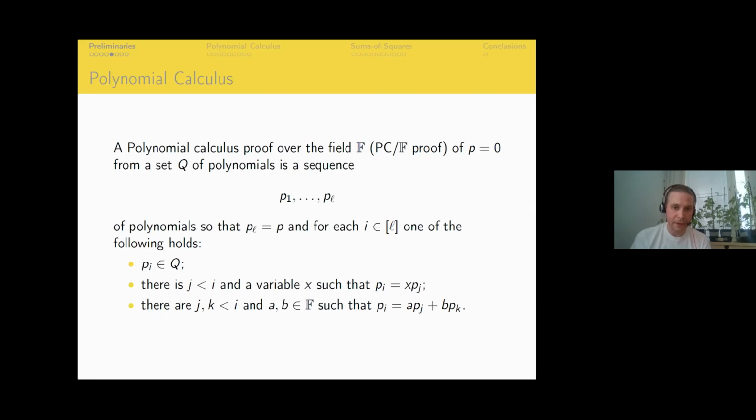You have two different rules basically: multiplying a previous polynomial in the sequence by a variable, or taking a linear combination of previous polynomials. And I should say here that a PC refutation is a proof of 1 equals 0.